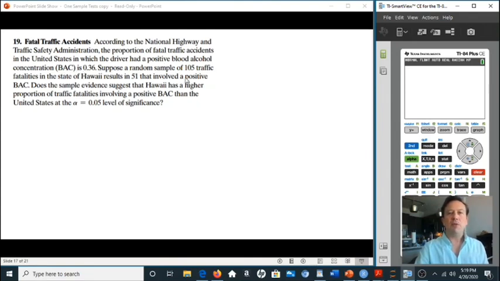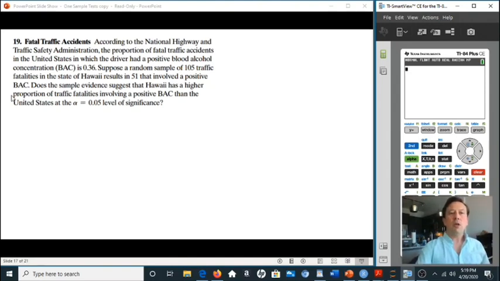Suppose a random sample of 105 traffic fatalities in the state of Hawaii results in 51 that involved a positive blood alcohol concentration. Does this sample evidence suggest that Hawaii has a higher proportion of traffic fatalities involving a positive blood alcohol concentration than the United States at the alpha equals 0.05 level of significance?